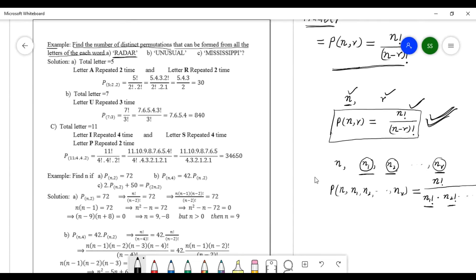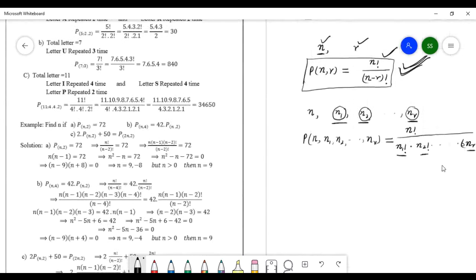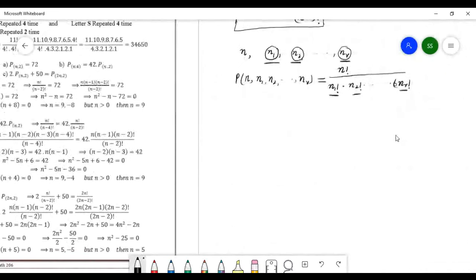So let me write the total number of letters in radar here. If the word is R-A-D-A-R, radar, then look, the total number n is 1, 2, 3, 4, 5, total 5.